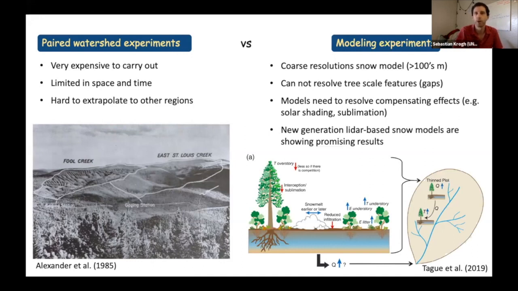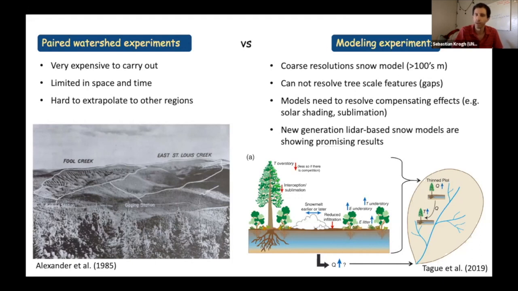Now, the other approach that we can take, or that people have taken in the past, is using modeling, snow modeling experiments. Now, typically this has been done using relatively coarse snow models, so in the order of hundreds of meters to kilometers. And the main problem with this is that you cannot really resolve tree scale features, interactions between gaps and forest edge and openings and things like that.